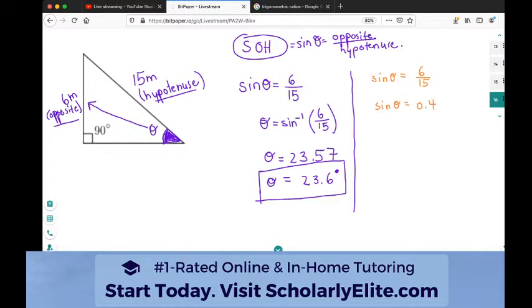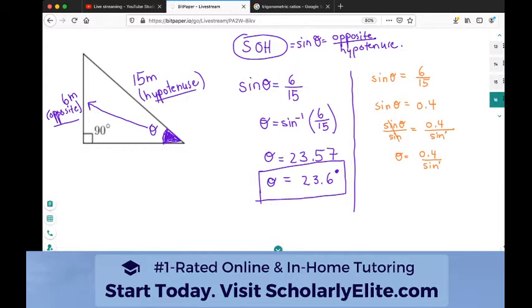So what's really happening here, to isolate for theta, is we have to divide off sine. And just like in algebra, which is what's happening here technically, we're dividing sine off of both sides. Sine divided by sine is going to equal 1, and we're left with theta. But now I've got a situation where I have 0.4 over sine, and that's not helpful to me. Well, technically here, sine is to the power of 1.